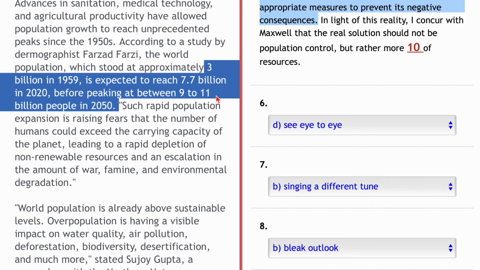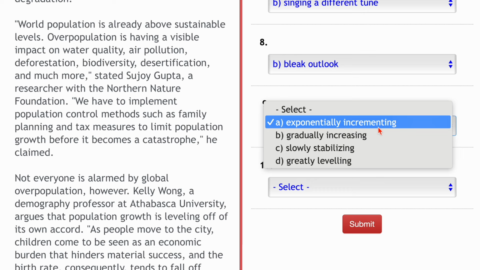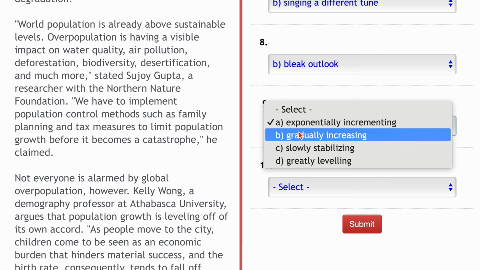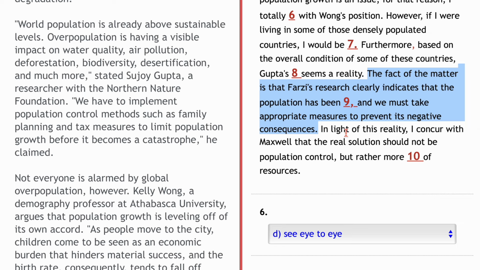Exponentially incrementing means increasing rapidly, and not gradually, which means a little bit slowly. So the population has been exponentially incrementing, and we must take appropriate or correct measures to prevent its negative consequences.